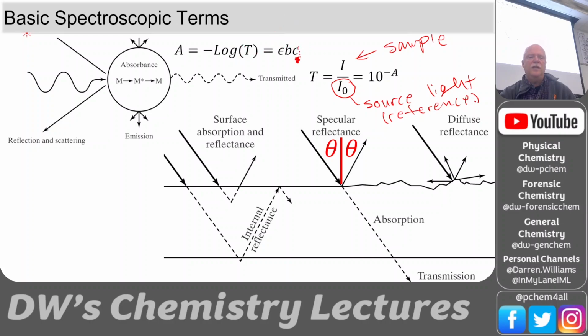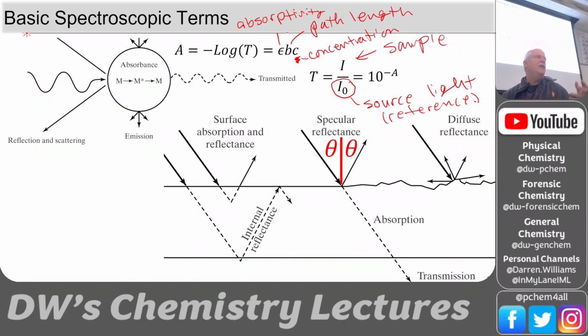So C is our concentration. B is, y'all tell me, what is B? Path length. And this epsilon, absorptivity is a good way to think of it. I'll just leave it at absorptivity.